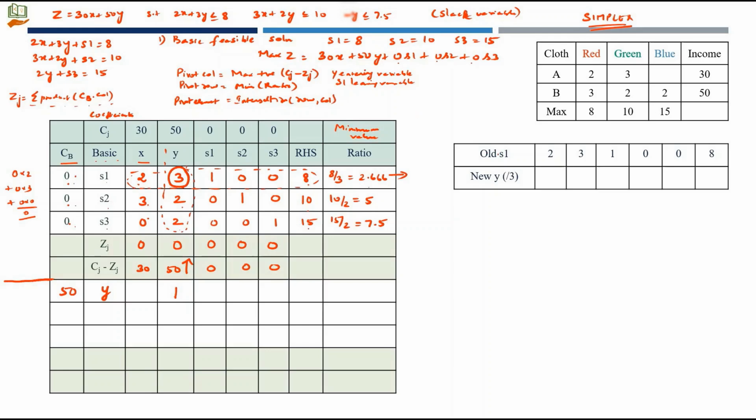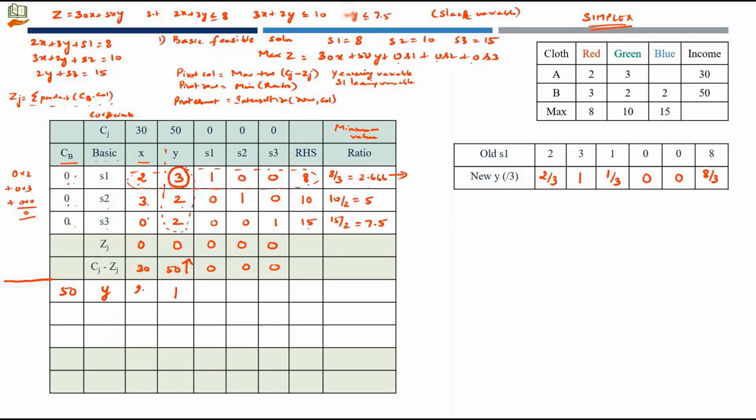So I am taking the old S1 row 2, 3, 1, 0, 0, 8 and dividing it by 3. This will give 2 by 3, 3 by 3 is 1, 1 by 3, 0 by 3 is 0, 0 by 3 is 0, and this is 8 by 3. Don't put a decimal point now; have it as a fraction, it will be useful for calculation. So this will be the new Y row.